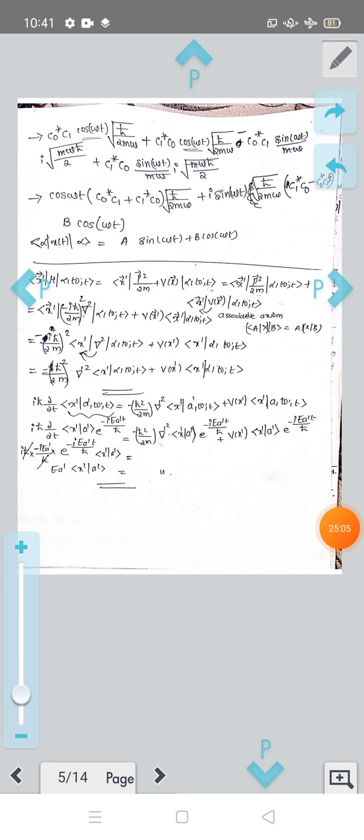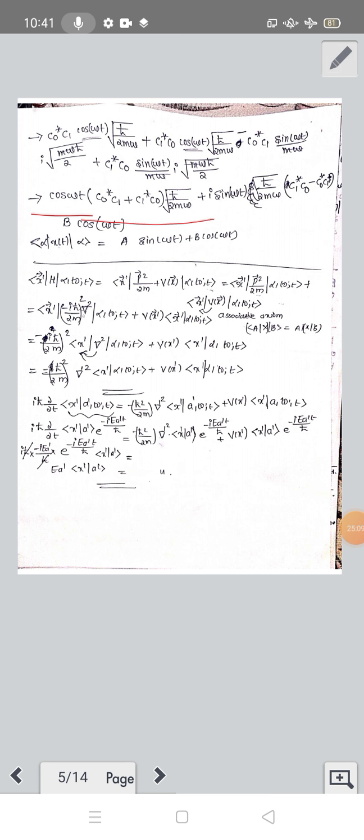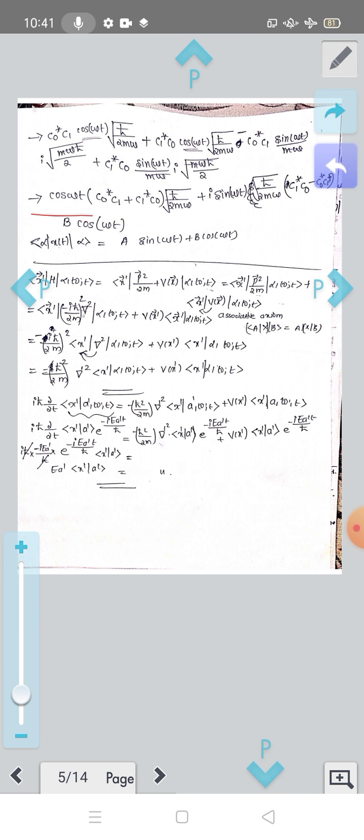So finally we get the expectation value as cos omega t plus something plus i sin omega t plus something. So it is like a sin omega t plus b cos omega t in classical mechanics, oscillating with the frequency omega.